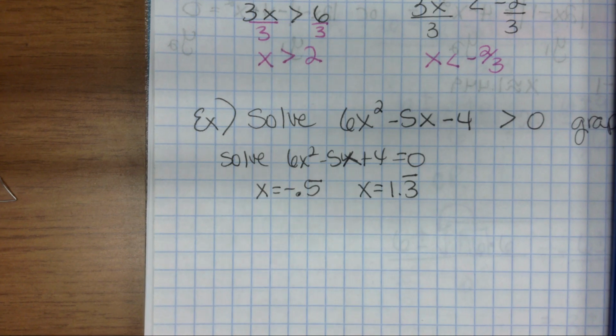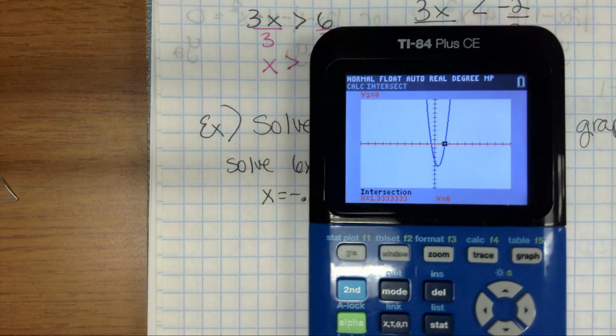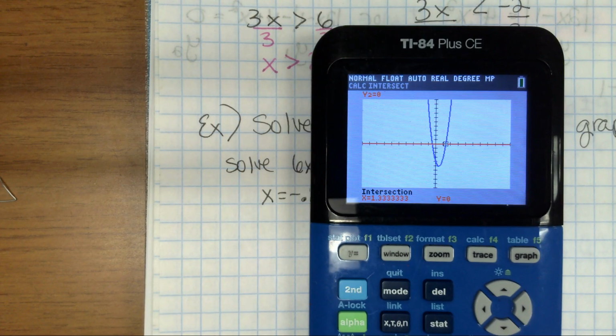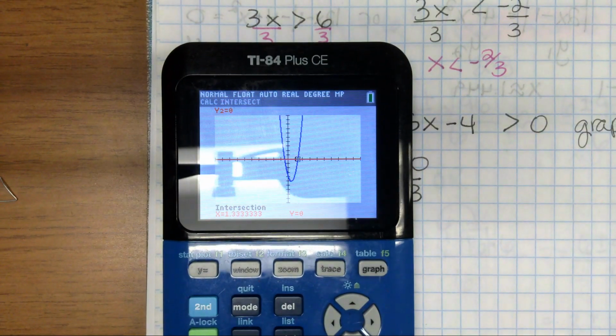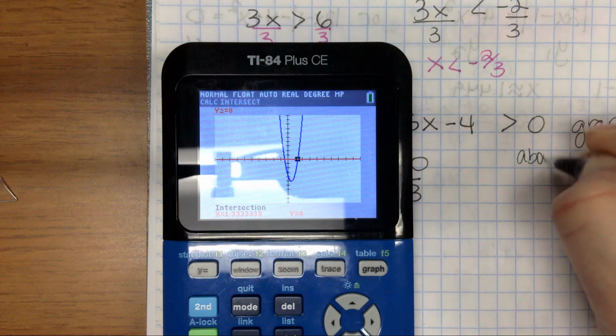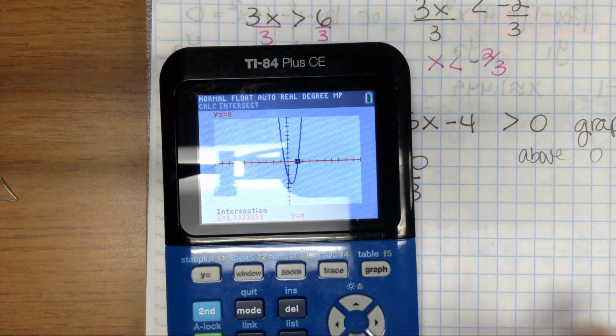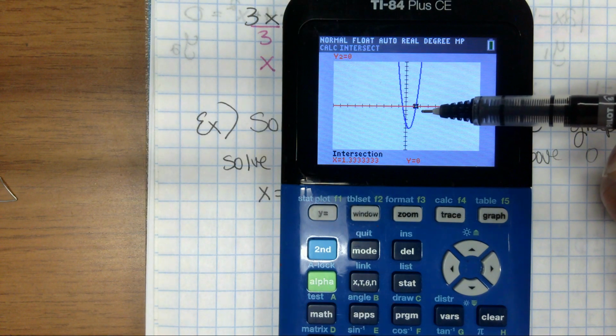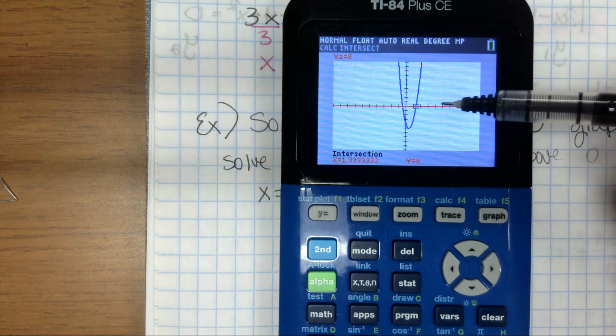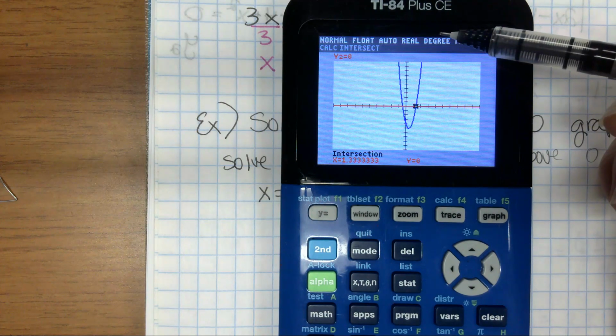So then we look at the graph. Remember, I wanted to say, when was it greater than 0? So I want to know, when is this above 0? So it's above 0 when x is after this point, right? Because when x continues to go this way, isn't the graph going to continue forever to go above the x-axis?